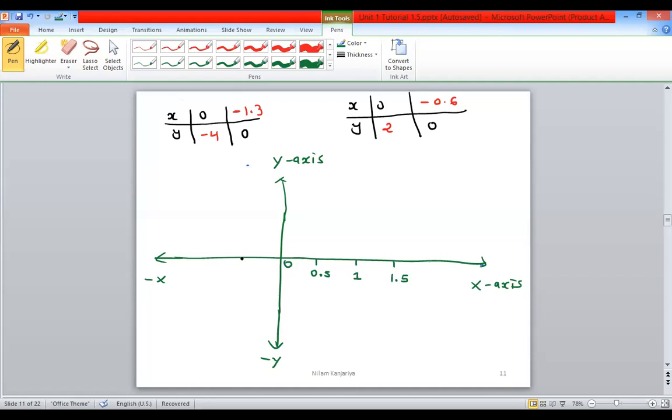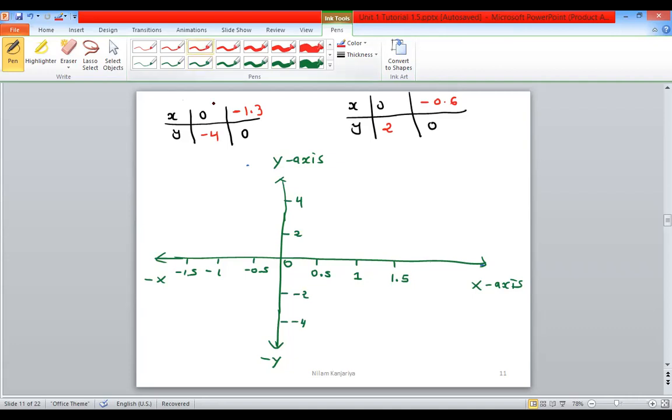Second, this is minus 0.5, this is minus 1 and minus 1.5. Now y, the highest is minus 4, 2. So I put the values 2 and 4. This is minus 2 and minus 4 and so on.